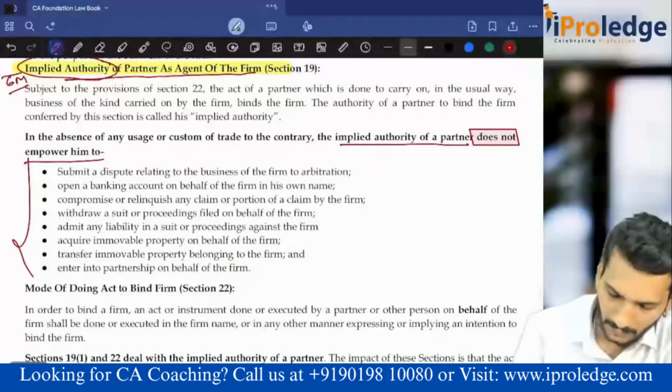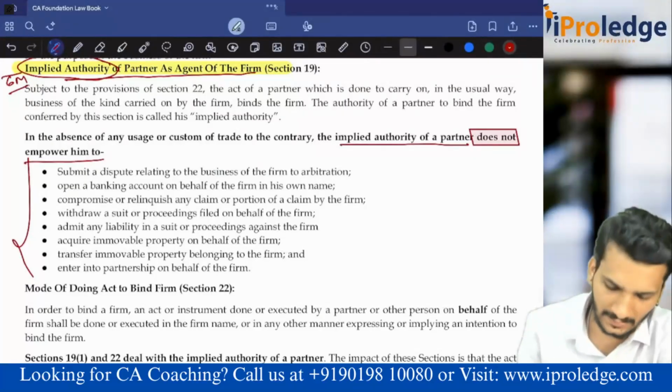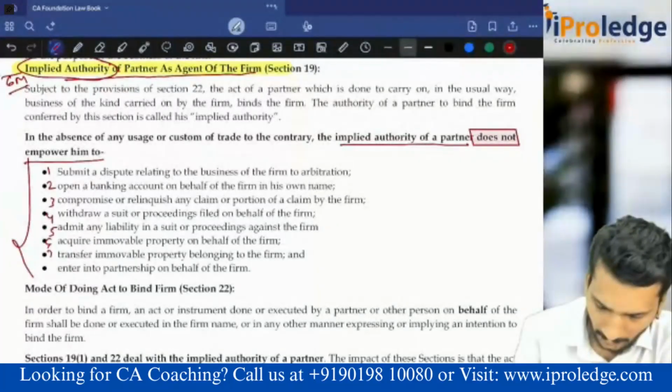This 6 or 7 marks question will come. You have to write only these things. How many points? 1, 2, 3, 4, 5, 6, 7, 8. Go through that.